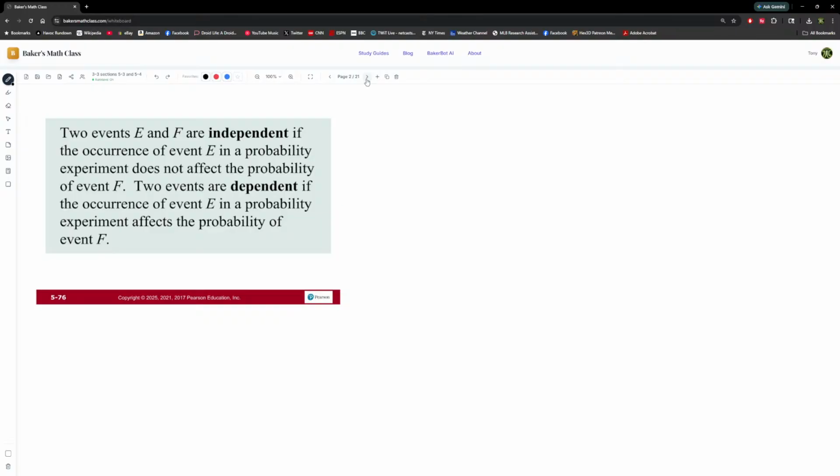When we were looking at events in addition, we were looking at if they are mutually exclusive, or if they were separated. With multiplication, we're looking at if the two events are independent or not. If two events are independent, that means the probability of the first event doesn't affect the probability of the second event. When two events are dependent, they do impact each other.